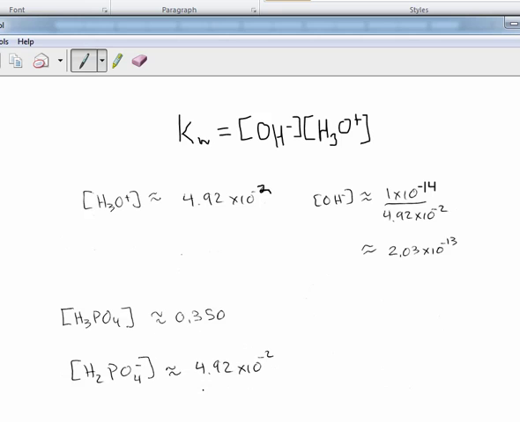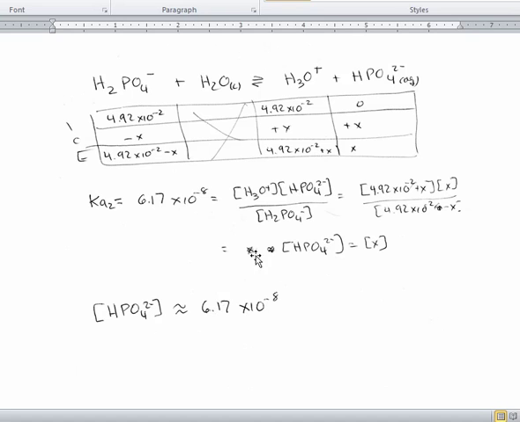And then the conjugate base of phosphoric acid will be equal to the concentration of hydronium, so 4.92 times 10 to the minus 2. So now that I know my concentration of the conjugate base of phosphoric acid, I can look at calculating my concentration of hydrogen phosphate, because that's the conjugate base of this acid.